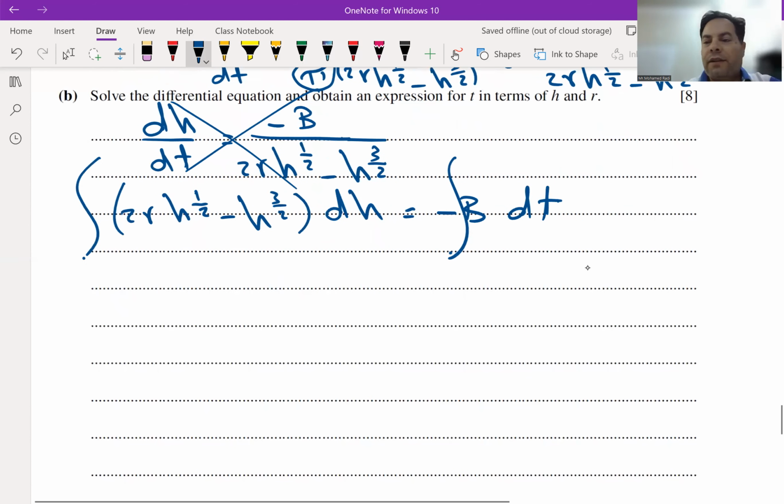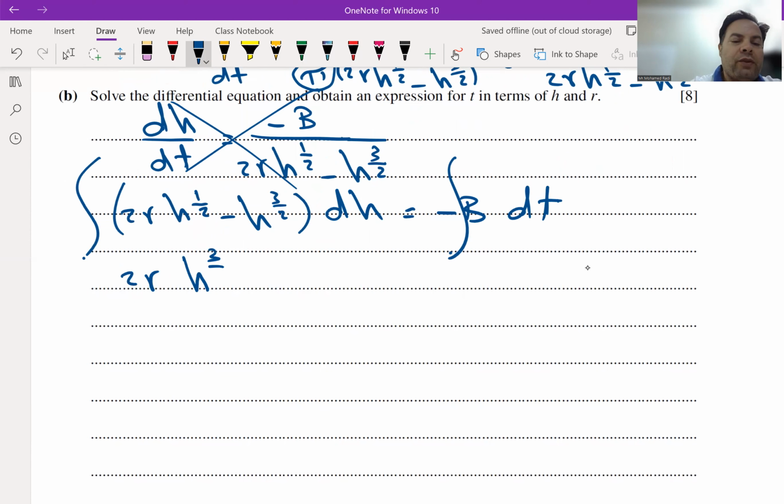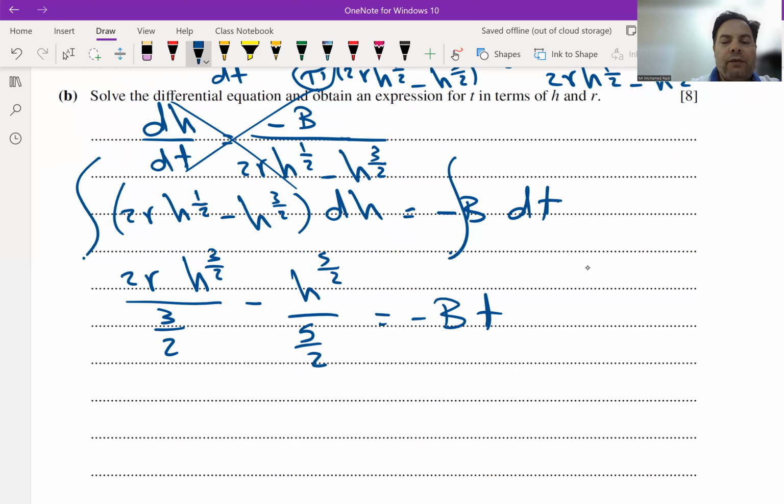Integrating the left-hand side with respect to h, 2r is constant, by adding 1, 3/2, divided by the new power 3/2, minus, by adding 1, 5/2, divided by 5/2, is equal to -bt plus c. Don't forget to write the constant in the integration.